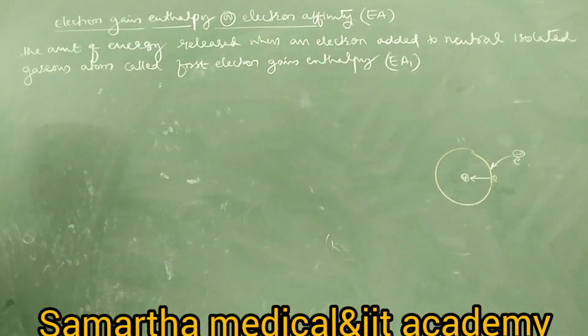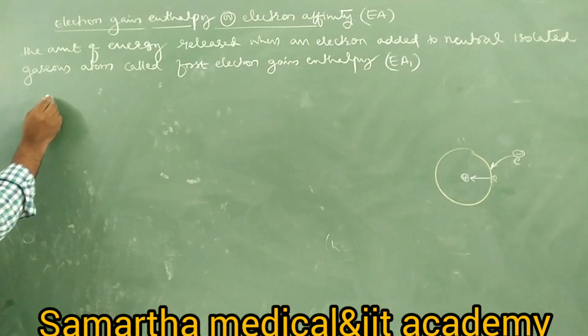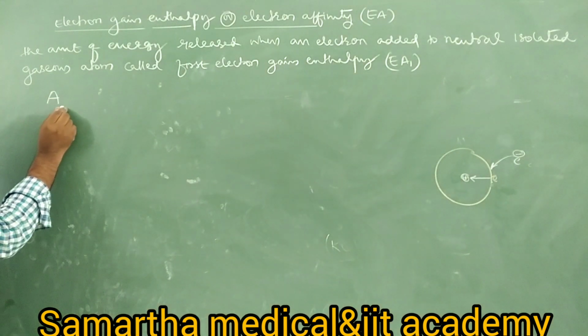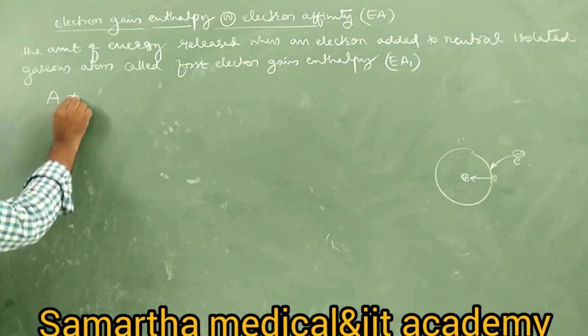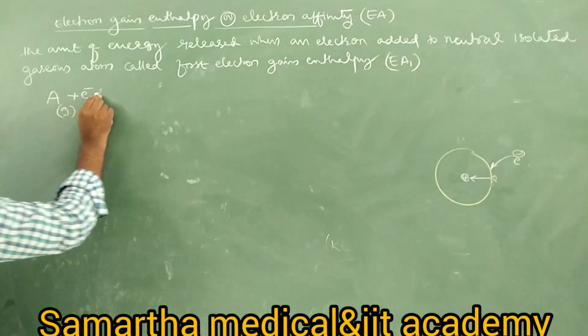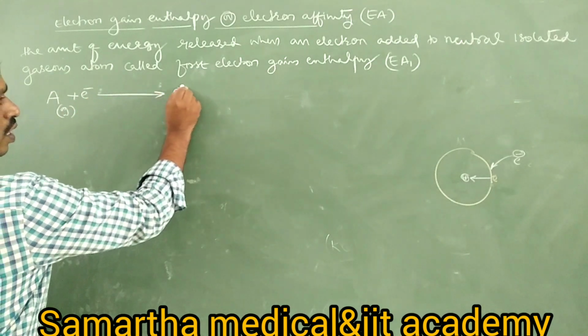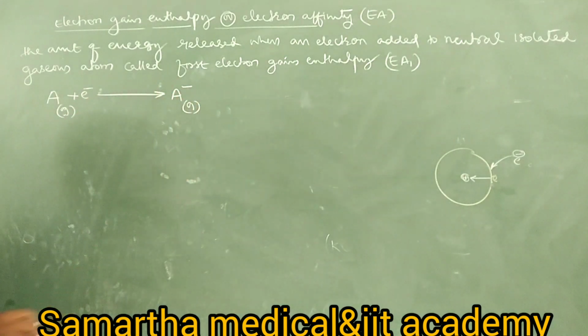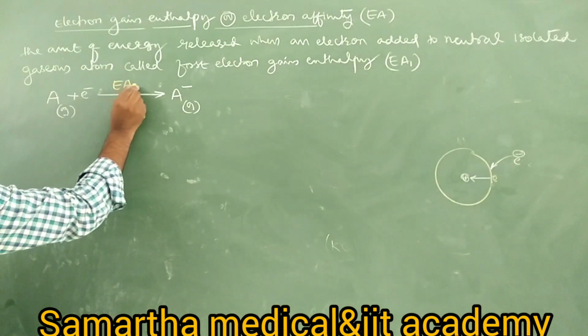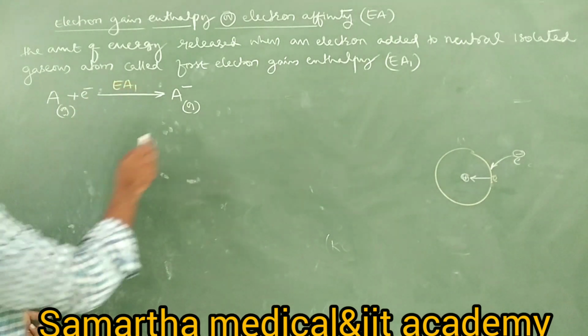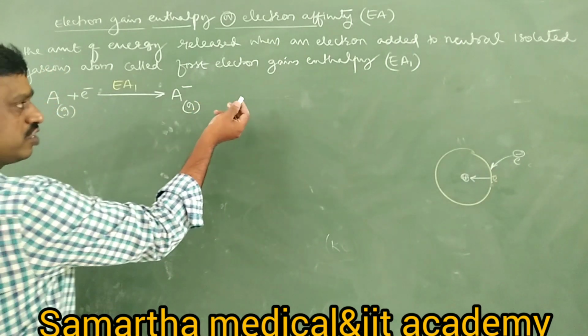Tell me, how do you represent this? Take the atom A in the gaseous state, isolated. Add one electron to A, and A becomes A minus, again in the gaseous state. This process is called EA1. Here the amount of energy is obviously released.